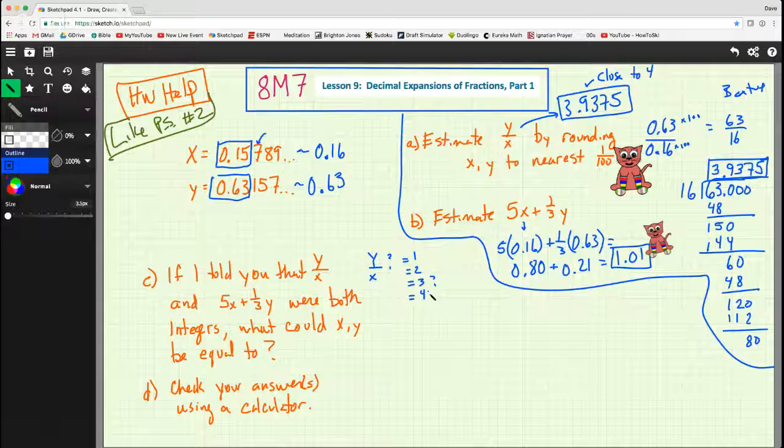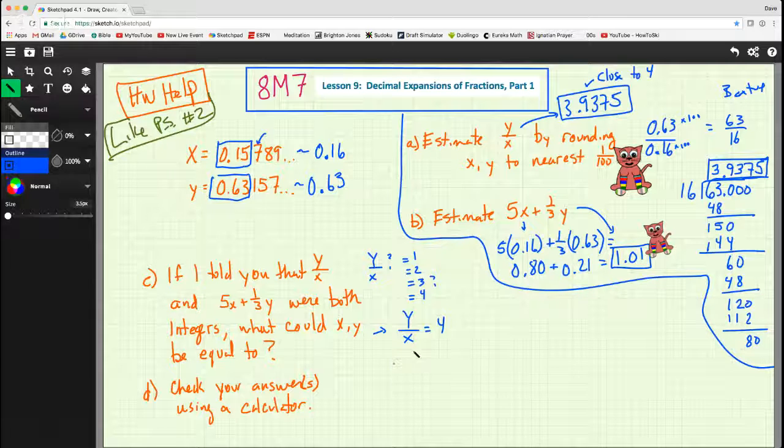So I'm going to say, well, y over x is equal to 4, because I'm telling you that I know that it's an integer. That's something that the problem gives you. And now I said, well, 5x plus 1/3 y is an integer. Well, if 5x plus 1/3 y estimated is 1.01, then what do you think it is?